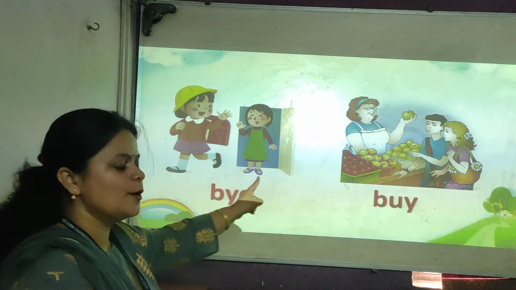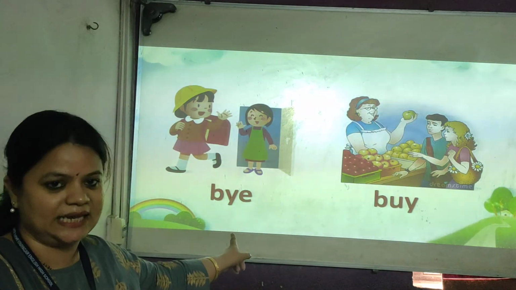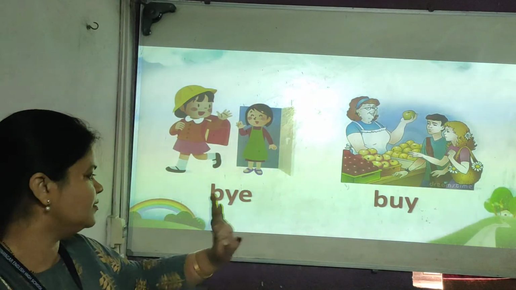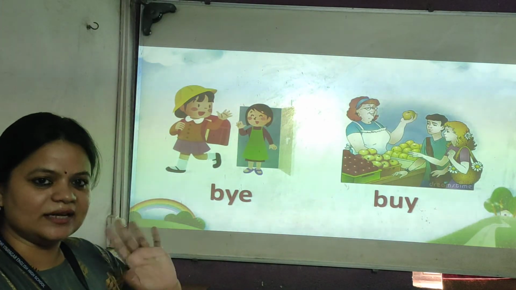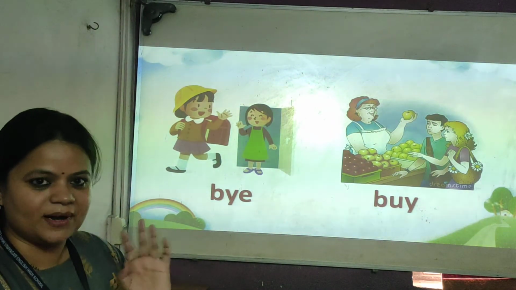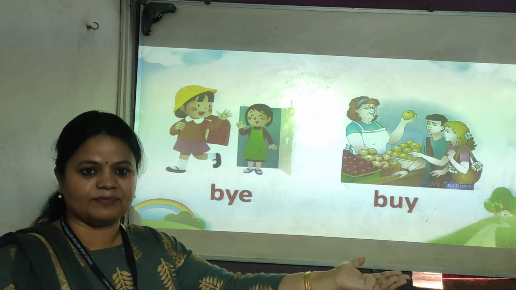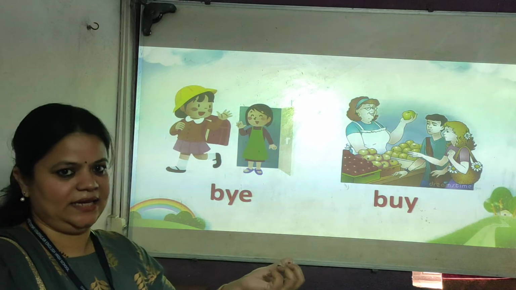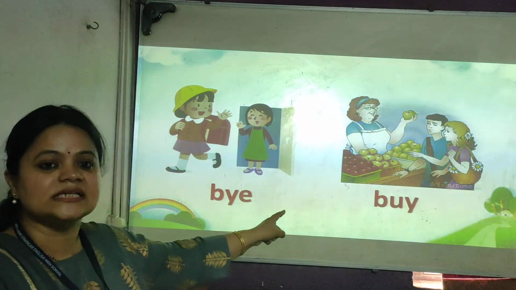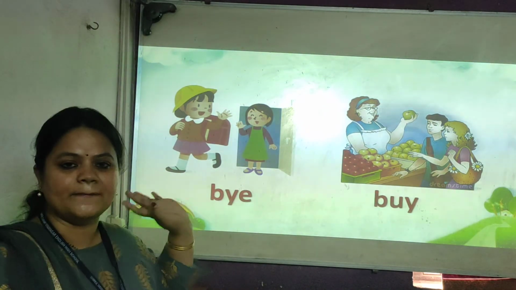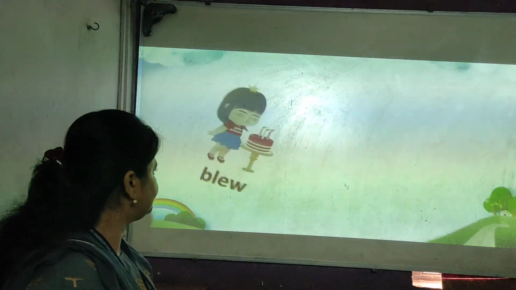When you read both the words, they sound the same, but their meanings are different. See, bye means if you are going somewhere, you are saying bye-bye to your mama. Yes or no? And that buy, if you go to a shop, is to buy something. Yes? So when you read both the words, they sound the same, but their meanings and spellings are different.